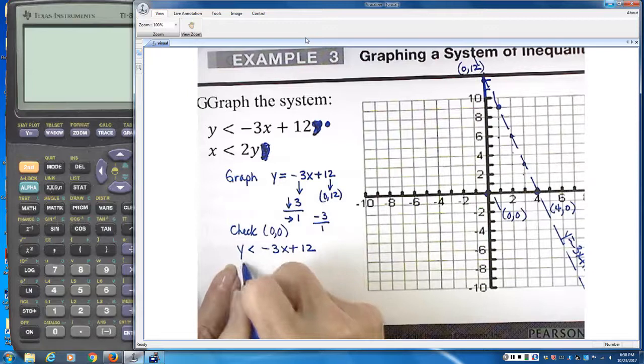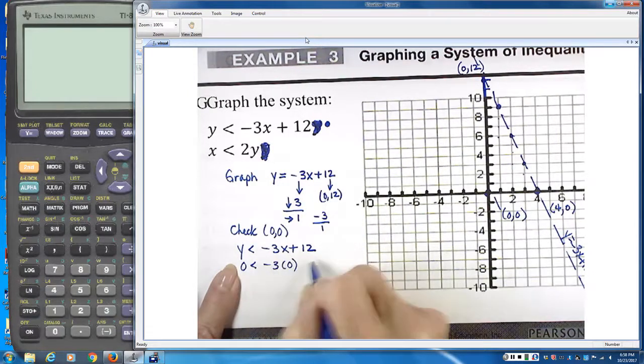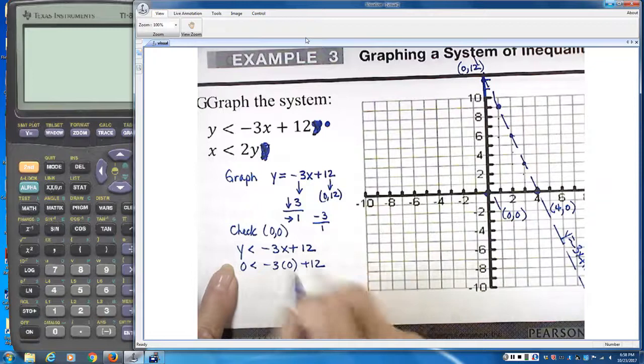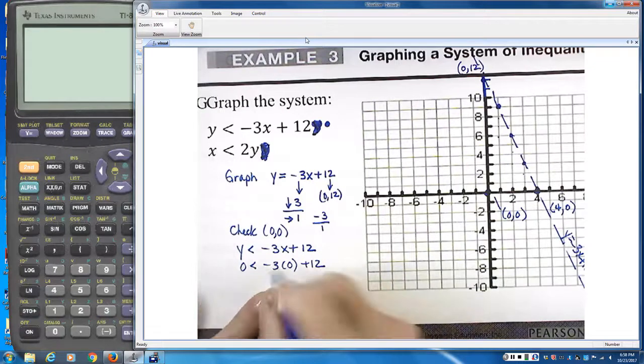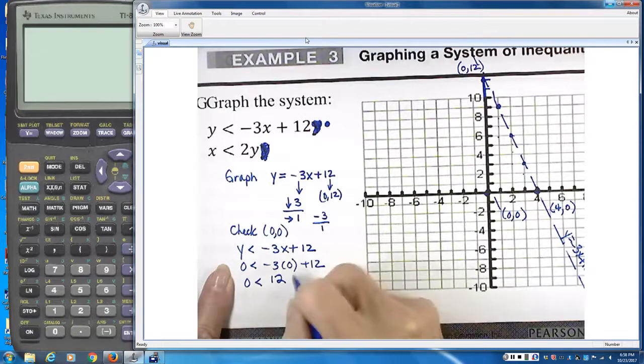So then if I plug in 0, is 0 less than negative 3 times 0 plus 12? Well, negative 3 times 0 is 0, and 0 plus 12 is 12. Is 0 less than 12? Yes.